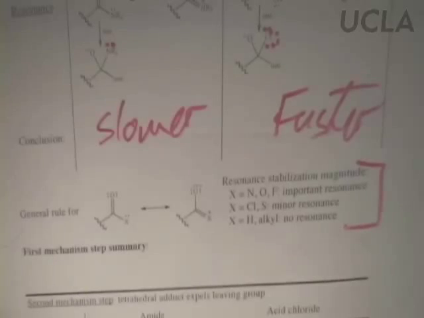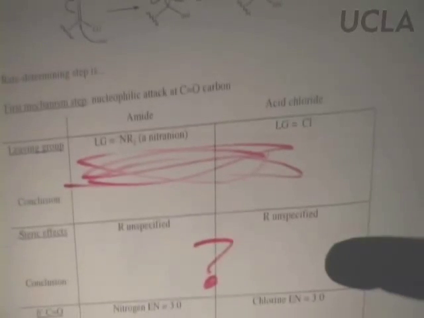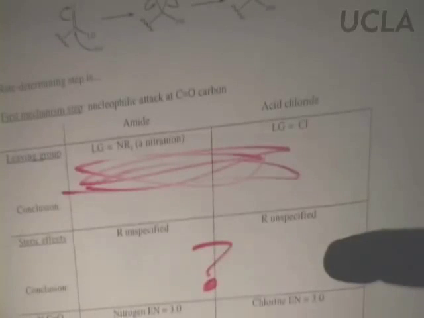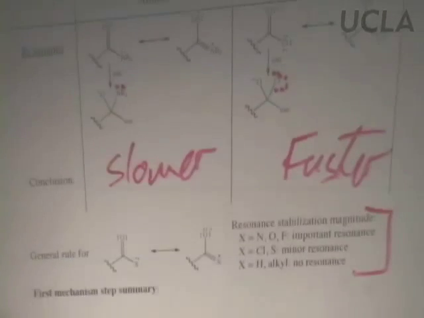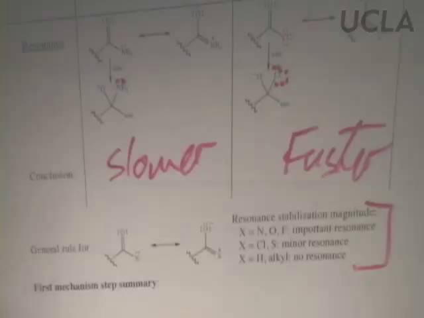So for our first step, what do we have overall? If we go back and look at that, we had leaving group irrelevant, steric effects not able to be analyzed, carbonyl delta plus equal, but resonance said that the nucleophilic attack on the amide should be slower. And so far that looks good. That's consistent with our observation that amides are slower to hydrolyze than acid chlorides.